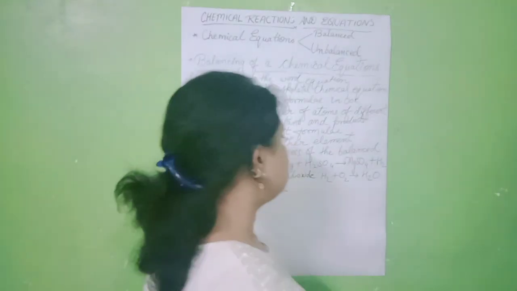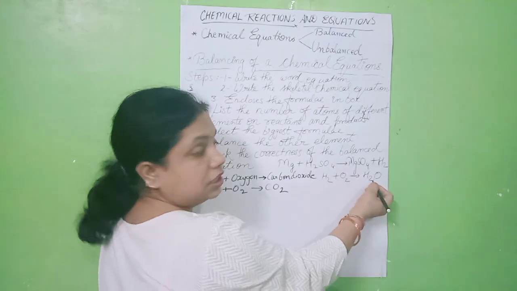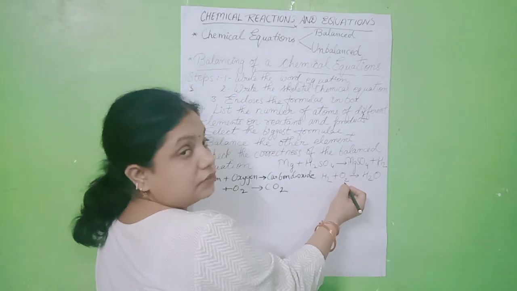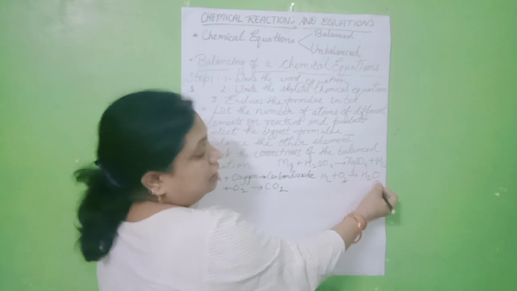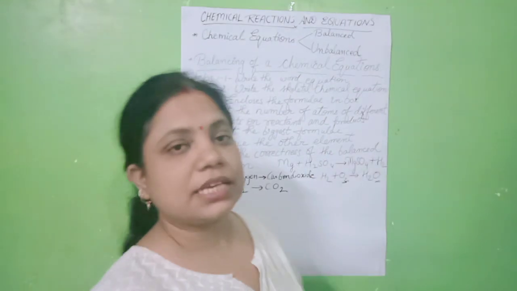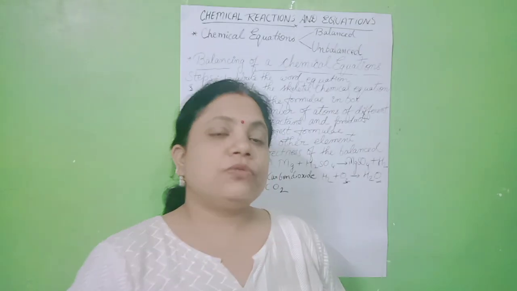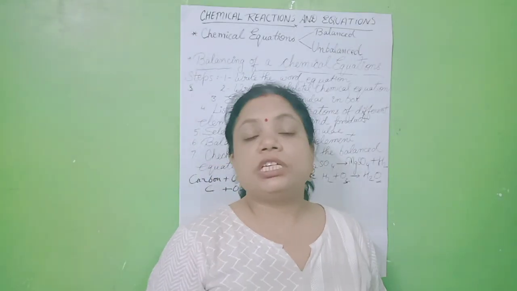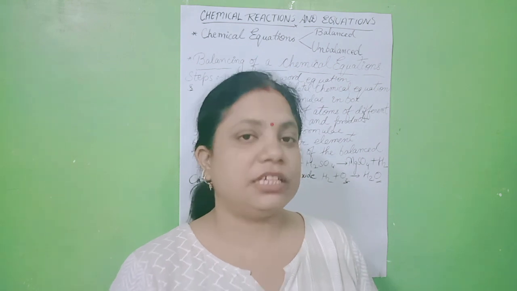Here you observe, students, hydrogen is 2 here, 2 here, but oxygen on the left hand side is 2, but on the right hand side it is 1. So it is known as an unbalanced chemical equation. Students, an unbalanced chemical equation is also known as a skeletal equation.